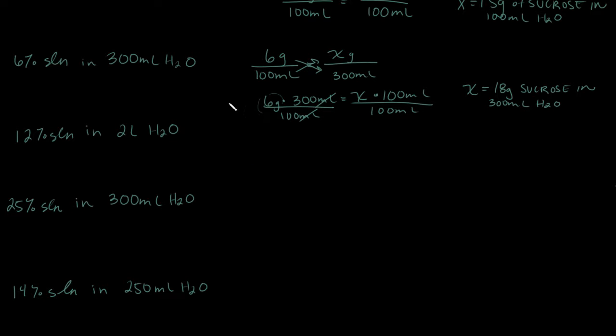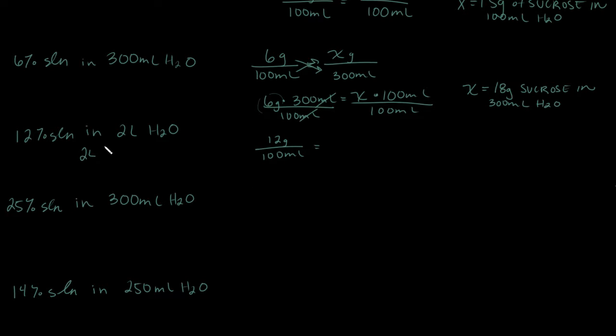All right, let's do another. We have quite a few, and so we'll get the hang of this. Again, 12%. Okay, so we're going to do 12 grams per 100 milliliters is equal to 2 liters. All right, so we have liters now. This is breaking with what we understand, right? And so we're going to have to turn liters into milliliters, and so we can do a little scratch work.